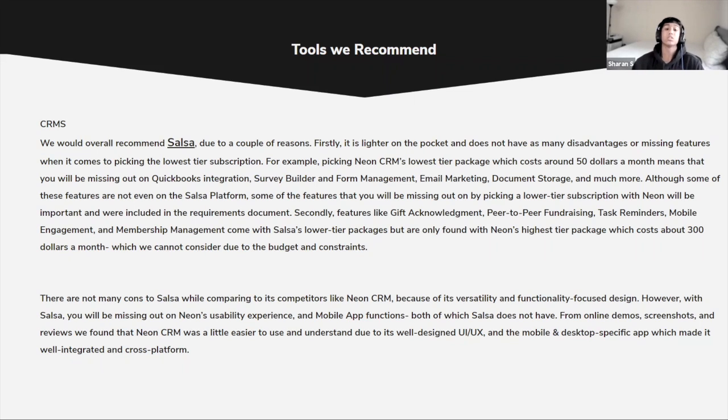Second of all, Salsa's low tier packages have features like gift acknowledgement, peer to peer fundraising, task reminders, mobile engagement, and membership management, which are only found on Neon's highest tier package, which costs $300 a month. This mainly rules out Neon as an option due to budgeting and functional constraints.